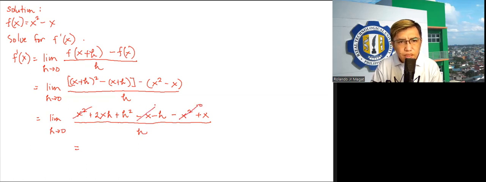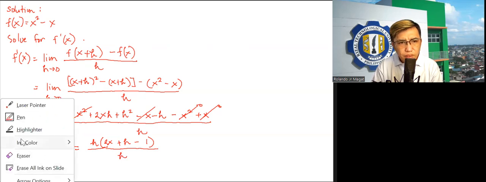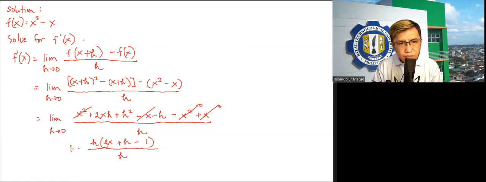We can cancel out x and x, this is 0. What we have is 2xh plus h squared minus h. So I can factor out h, the common factor is h. We have here 2x plus h minus 1, all over h. The limit disappeared again. The limit as h approaches 0.